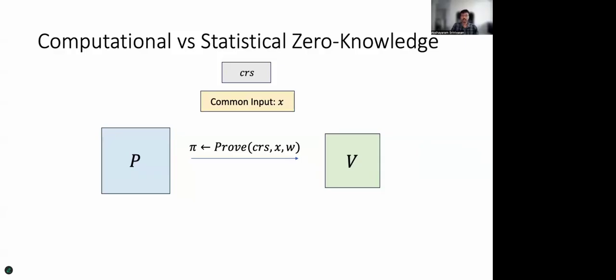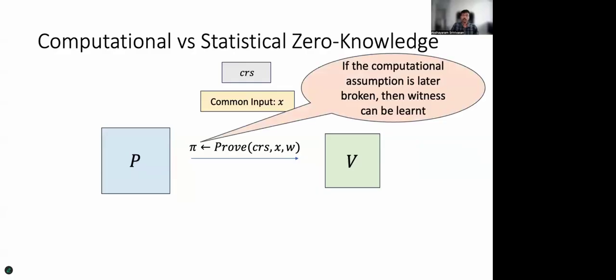This means that the zero knowledge property relies on a computational hardness assumption. If this assumption turns out to be broken at a later point of time, then given the proof pi that the verifier received from the prover, some non-trivial information about the witness could be learned.